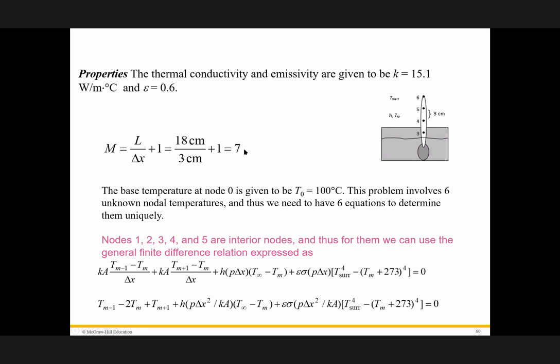We have 7 nodes here. Node 0 here, node 1, 2, and so on, all the way to the end. From 0 we have the temperature of the boiling water, 100 degrees. Therefore you write the nodes 1, 2, 3, 4, 5, 6, and so on. They have 6 nodes that you have.